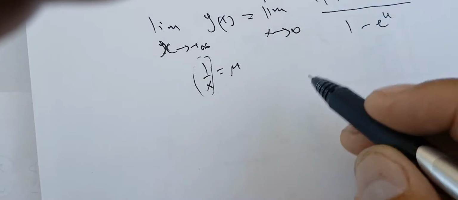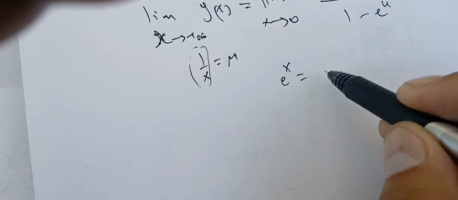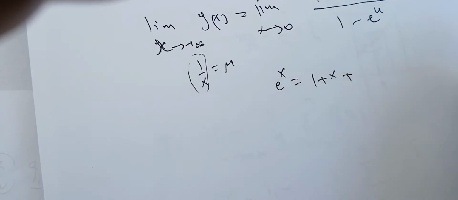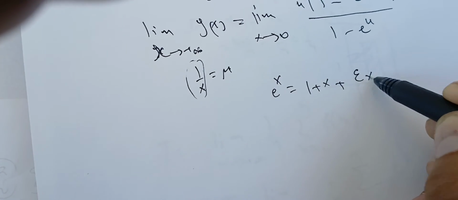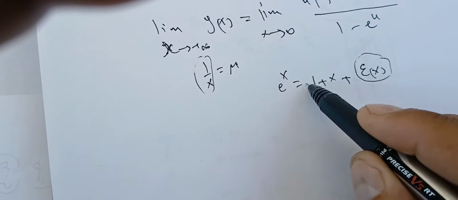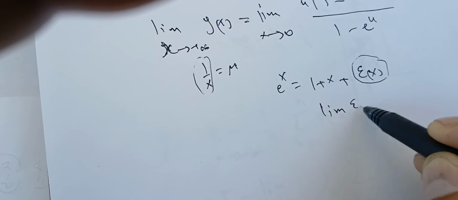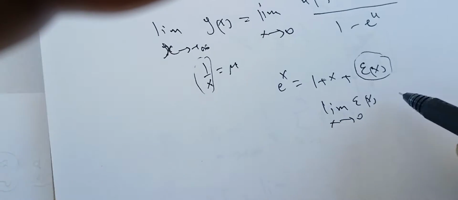You know them. So we know that e to the x, when x is close to 0, is given by 1 plus x plus other terms that go to 0. So we use this function here. So e to the x is 1 plus x plus epsilon x, with the limit of epsilon x when x goes to 0 being 0.